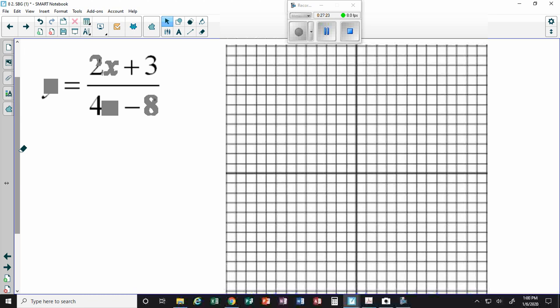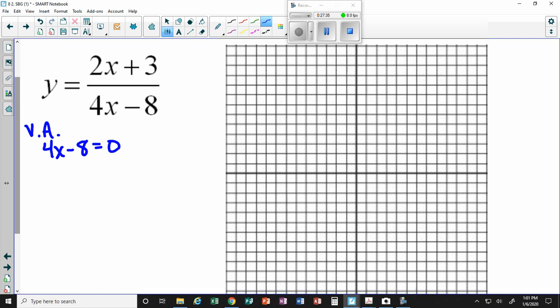So for this one, how do we find the vertical asymptote? Set the denominator equal to what? 0 and solve. Well, how would I solve this? Add 8, 4x equals positive 8, then what?